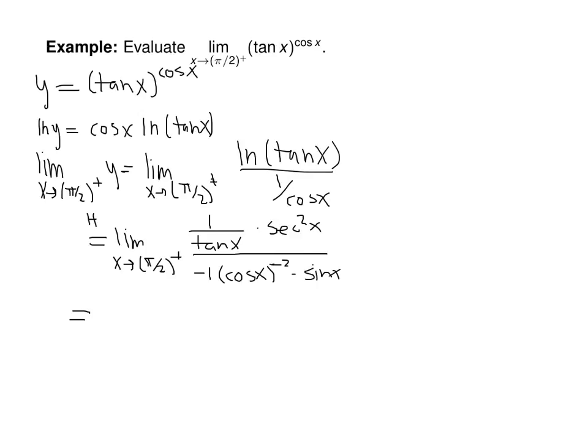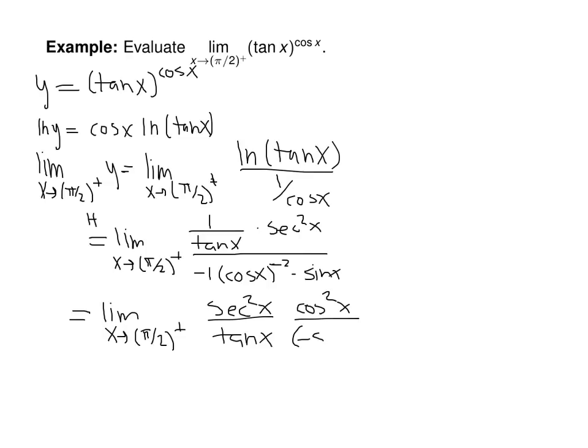So simplifying slightly, we have the limit as x goes to pi over 2 plus of secant squared x over tan x. Now in this denominator I have negative sine over cosine squared, which will then reciprocate into cosine squared x over negative sine x.